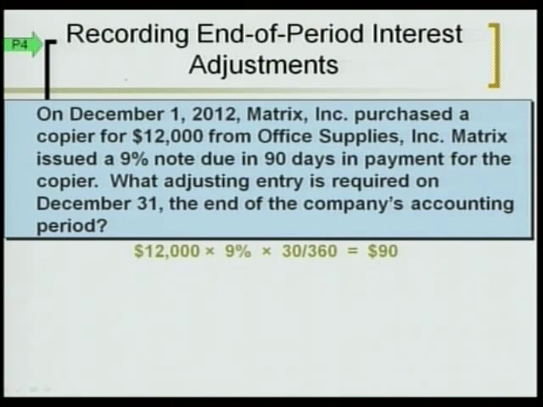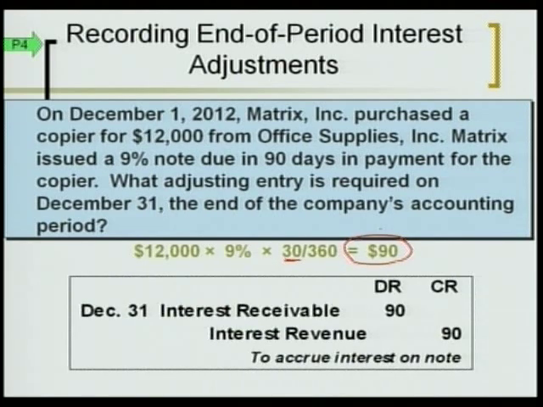They're not going to pay us any principal, and they're not going to pay us any interest. But we do need to show at December 31 that we have earned revenue, and we need to show that as interest receivable. You with me? Because that could be a significant amount for some companies. We need to show that asset. We need to show that revenue.